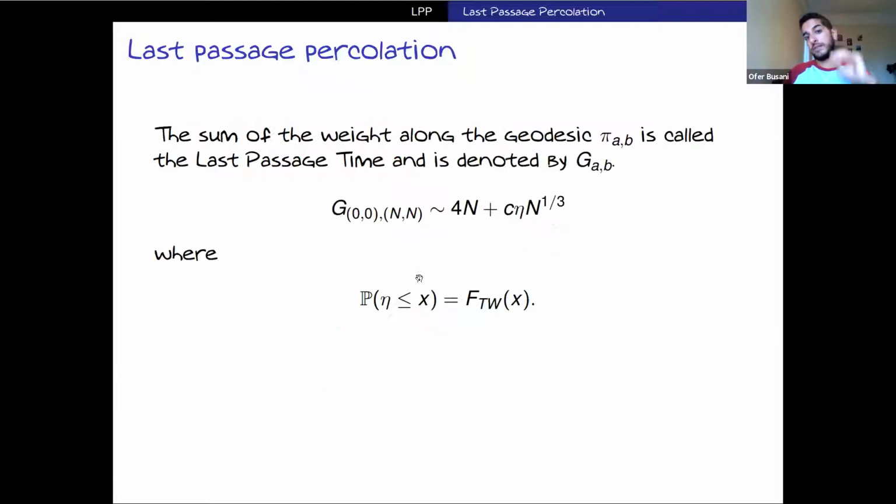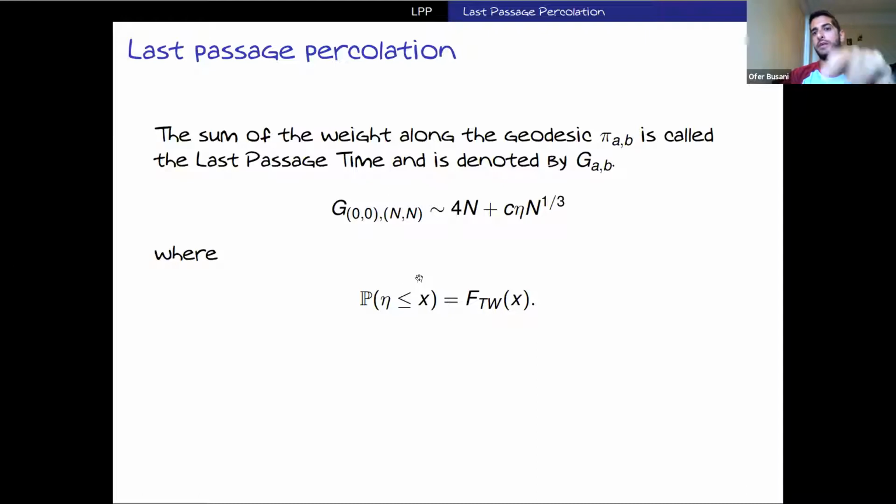Okay, so let's denote the weight that's collected along the geodesic by G subscript A, B. We call it the last passage time. And what can we say about it?